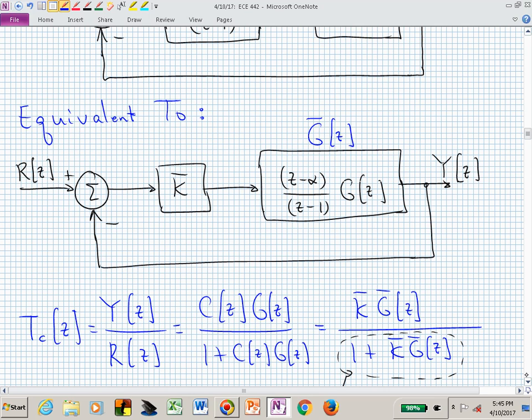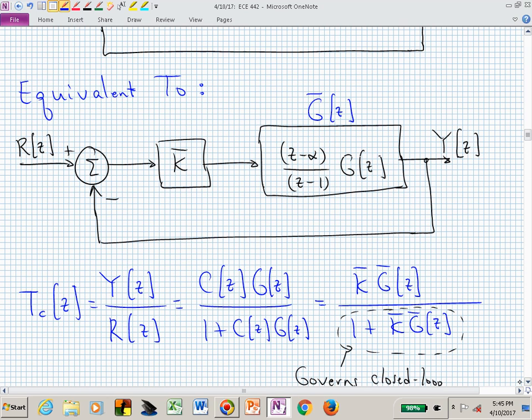And now we can do the same processing that we've done before. Now we can compute the closed loop transfer function. Again, that's our CG over 1 plus CG. But now C is different. I'm going to slide the two factors, the zero factor and the pole factor, in and create a G bar, so that now I have K bar G bar over 1 plus K bar G bar.